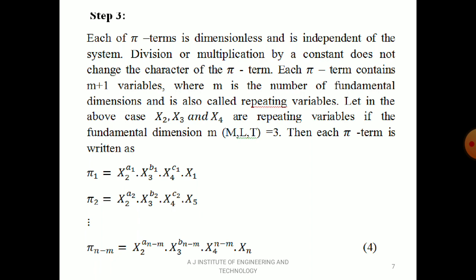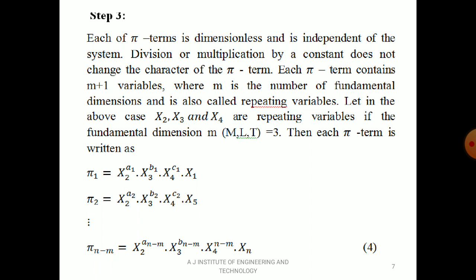That m is called the repeating variables. So the number of repeating variables is equal to the number of fundamental dimensions. So let in the above case x2, x3 and x4 be the repeating variables if the fundamental dimension m equals 3. If we have fundamental dimensions as M, L and T, so m equals 3. So each pi term should contain 3 plus 1 variables, that is 4.